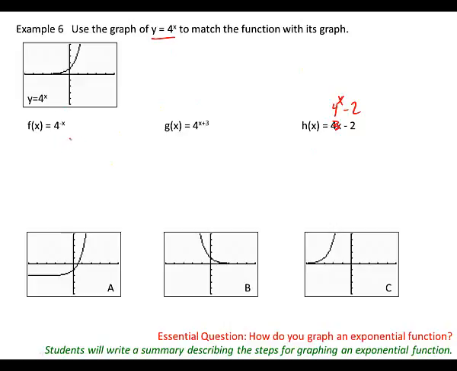Okay, so let's talk about what would happen here. We've got a negative in front of the x. How is that going to change it? What are we going to do, guys? It's going to reflect across the y-axis. So write that down: reflection in the y-axis.